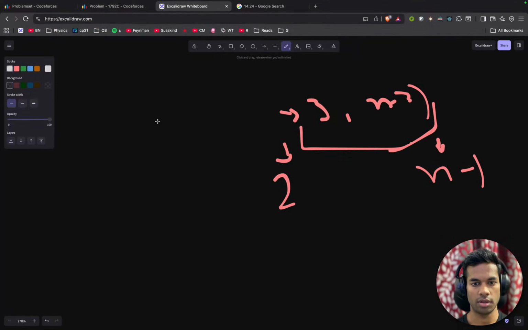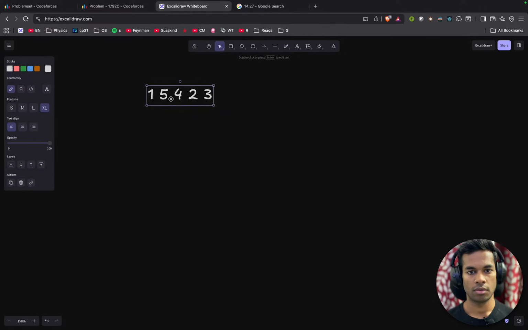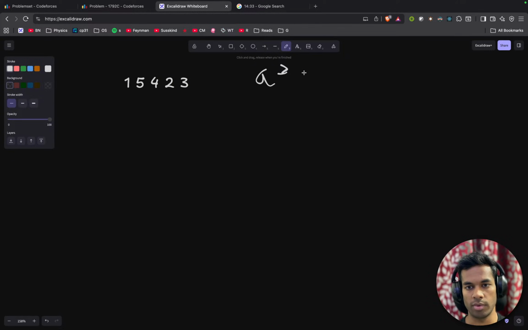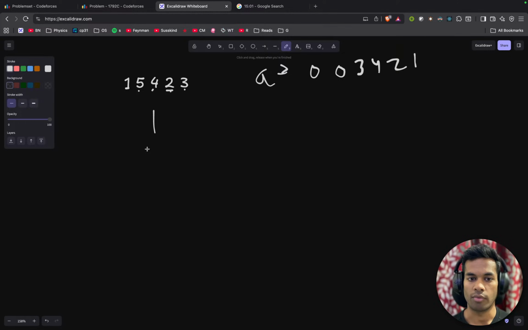For this array, our A array turns out to be 0 0 0, and 2 is at location 3, 0 1 2 3, and 3 is at location 4. This is at location 2, and 5 at location 1. Okay, we first call this function for 1 and 5, given a.